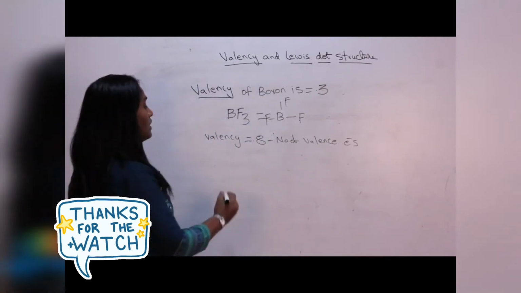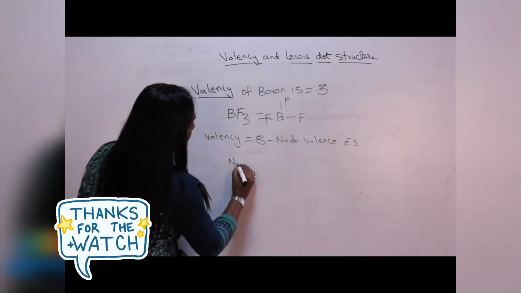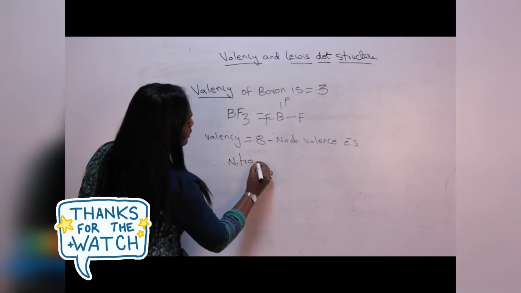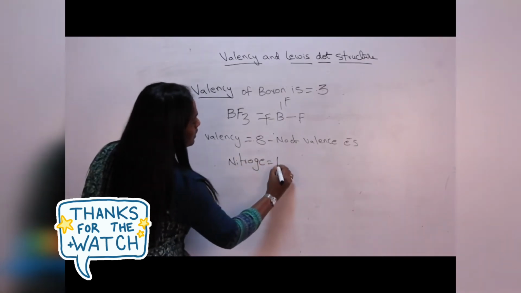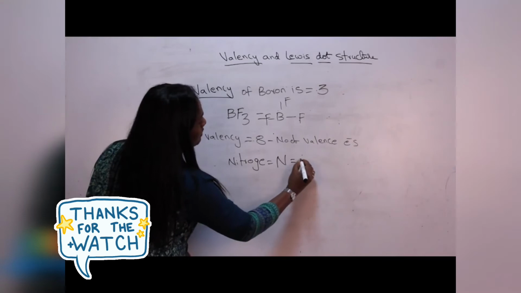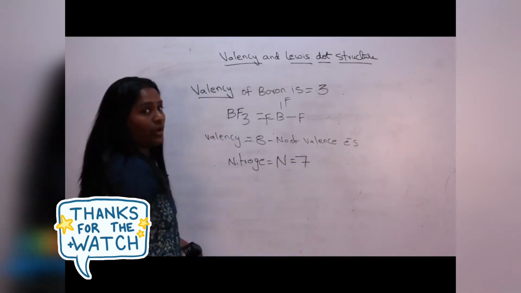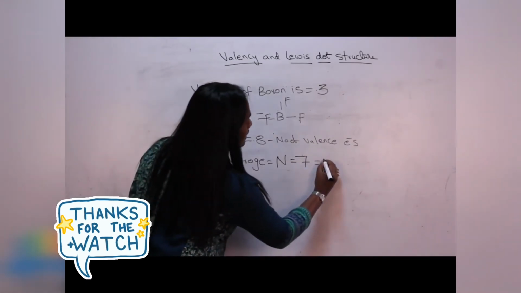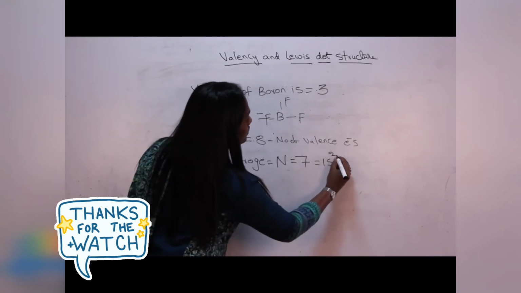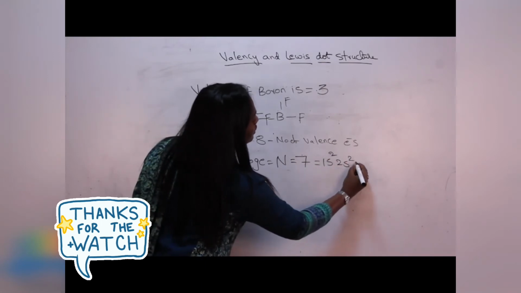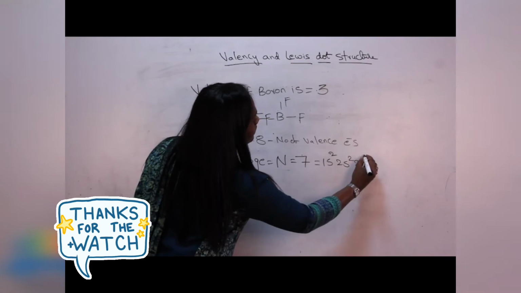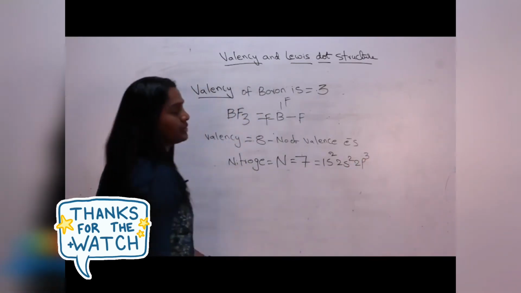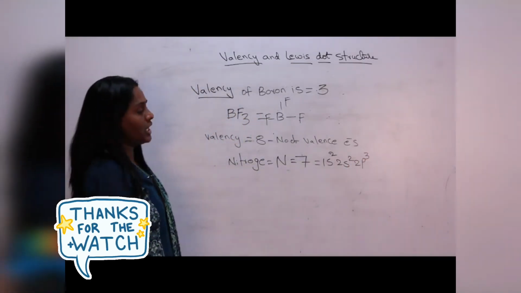Take one example, nitrogen. Nitrogen has atomic number 7. Now let's write the electronic configuration: 1s2, 2s2, 2p3. What is its outermost shell?